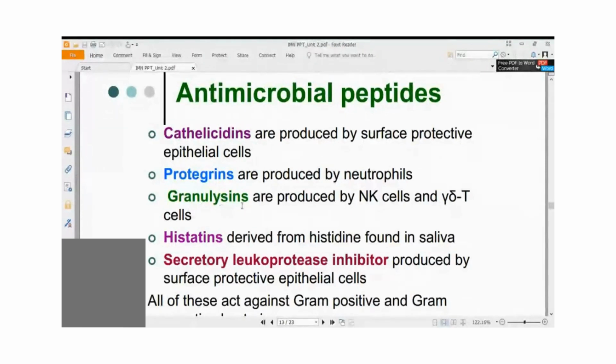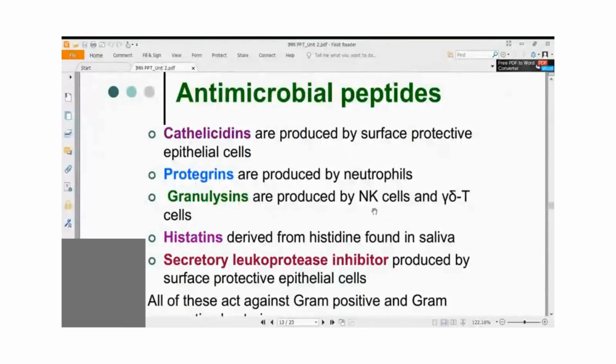Whenever NK cells or gamma delta T cells come across any bacteria in our body, they are instantaneously activated and bring about killing of that bacteria.